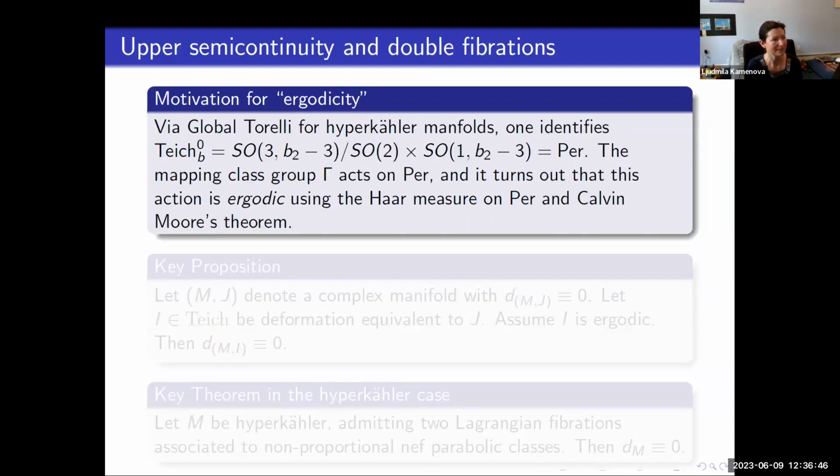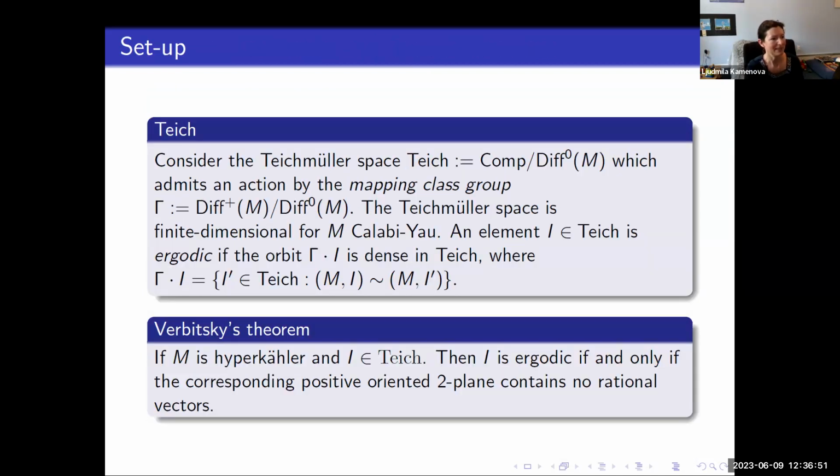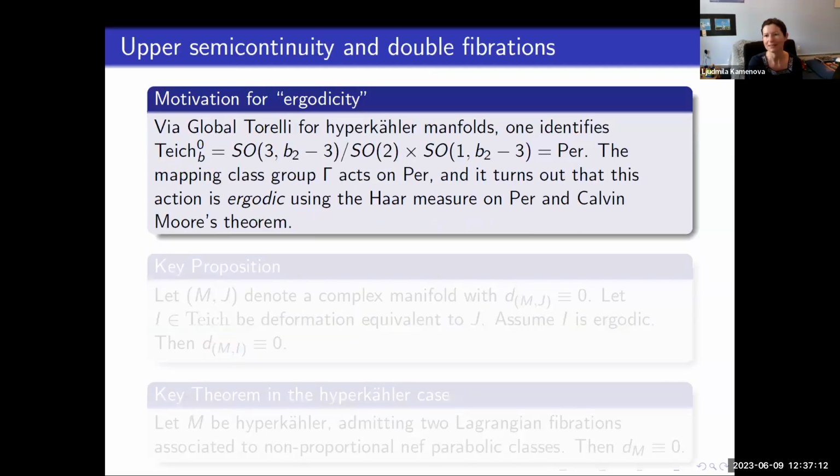And here is the global Torelli theorem. So in this Teichmüller space that we obtained as the quotient of all complex structures modulo a connected component of the diffeomorphism group, one can identify equivalent complex structures, where equivalent complex structures are ones for which the corresponding hyperkähler manifolds are birational.